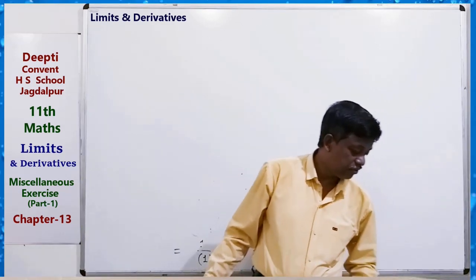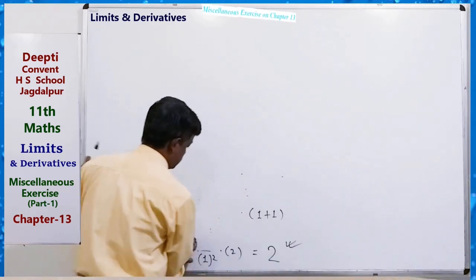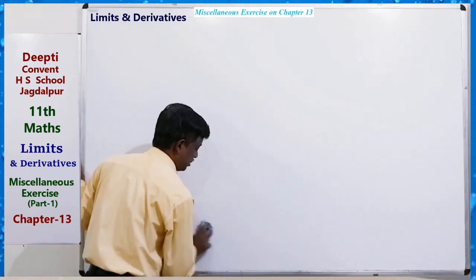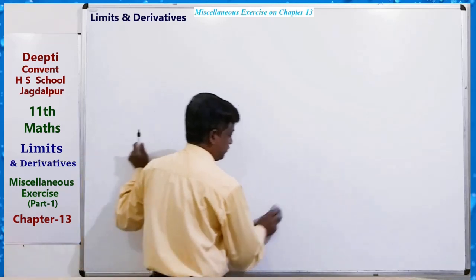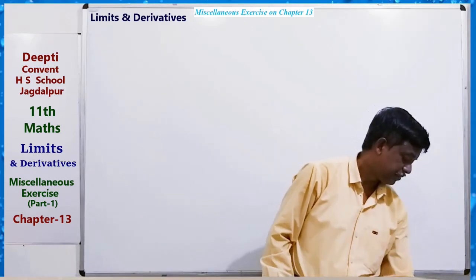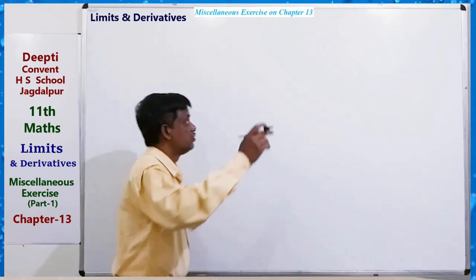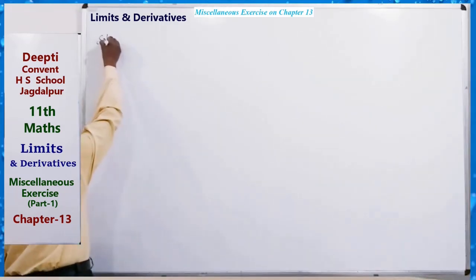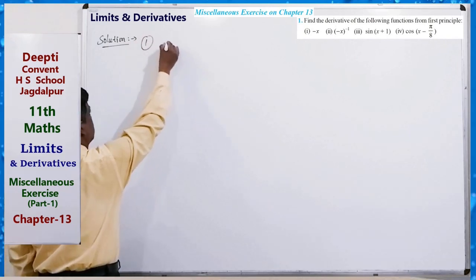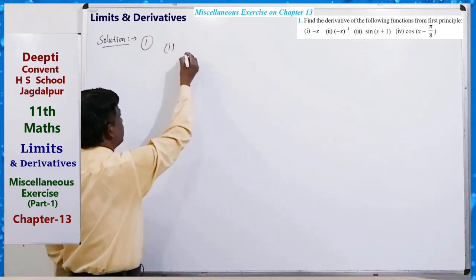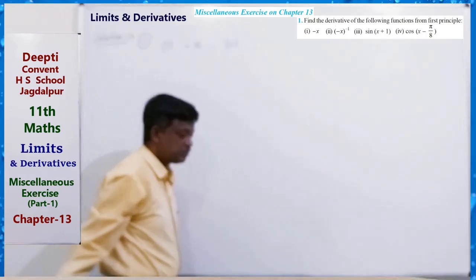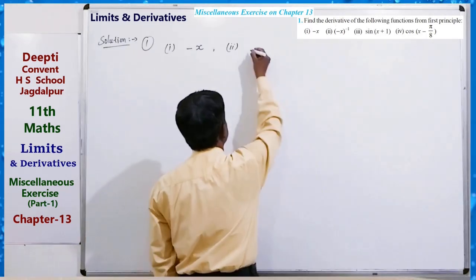find the derivative of the following functions from the first principle method. The first question has 4 parts. Solution. First part is minus x. Second part is minus x inverse.